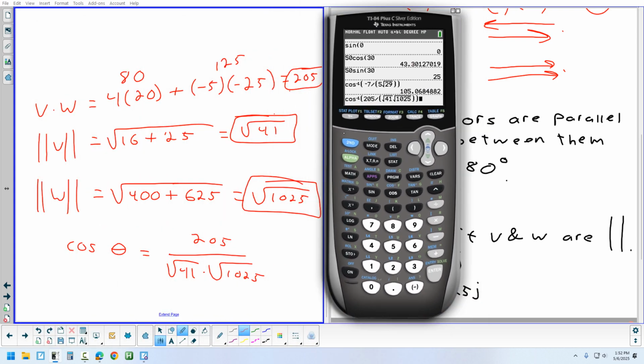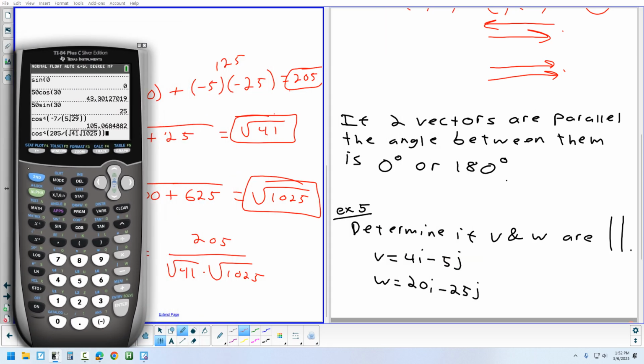We're trying to get rid of this cosine, so we're going to use inverse cosine. Put 205 on the top, square root of 41 times square root of 1,025 on the bottom. Hit enter. What did I get for an angle? 0. So what does that mean? Parallel.